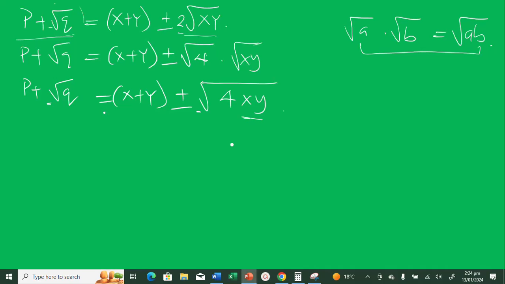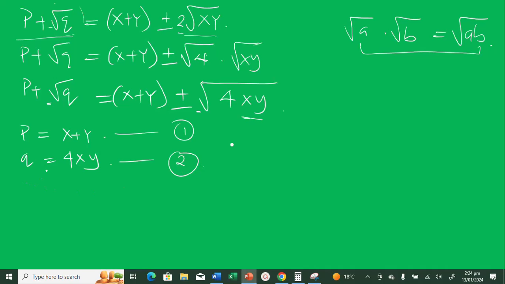So if they are the same form, we should now relate them. That means p is equal to x plus y, and q is equal to 4xy. We call this equation 1, and we call this equation 2.